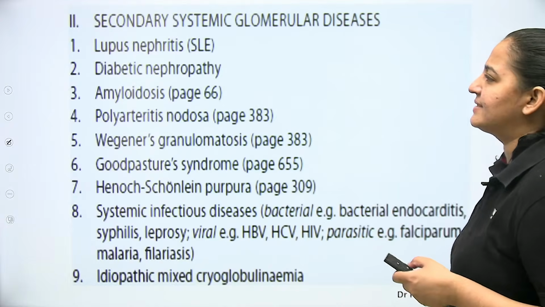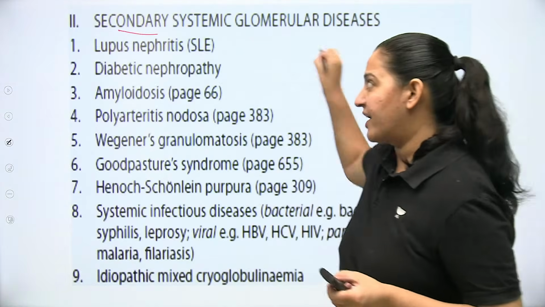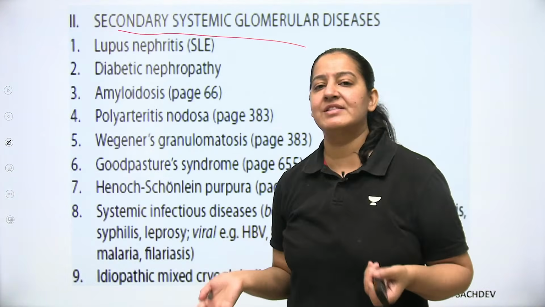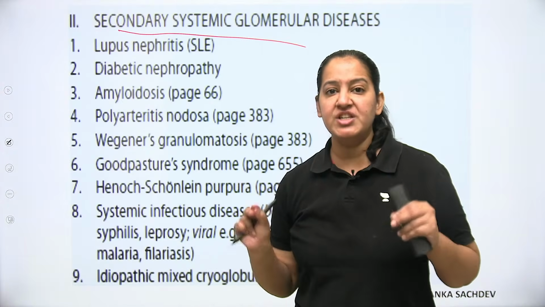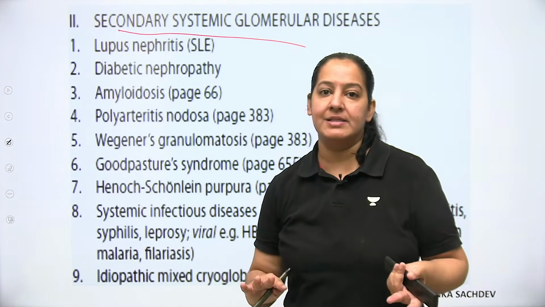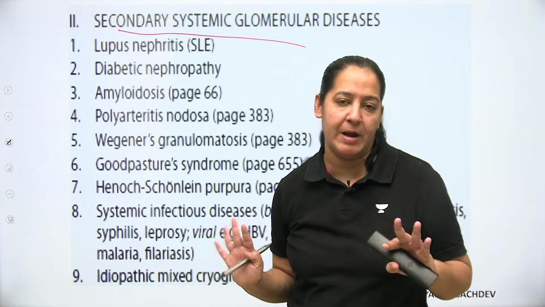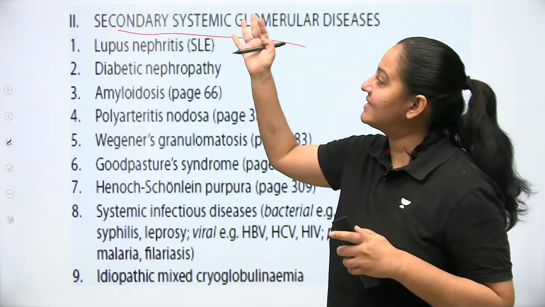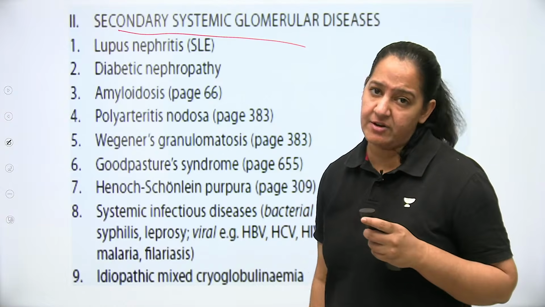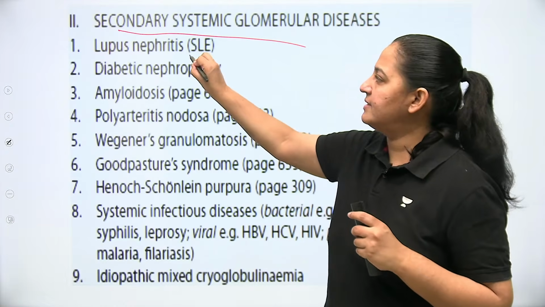Coming on primary, secondary glomerulonephritis. In secondary glomerulonephritis, the patient has some other disease, but the glomerulus is involved secondarily, not mainly primarily. That's why these are known as secondary glomerulonephritis. So here what are the diseases?